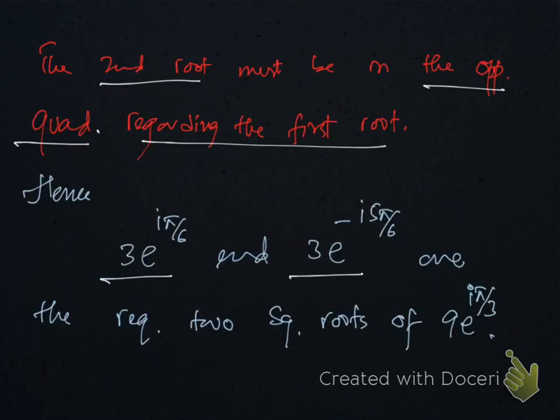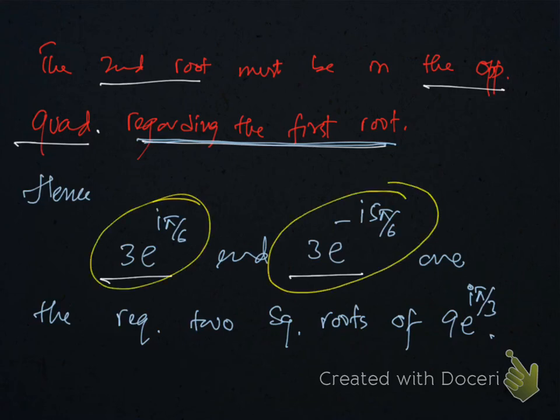The second root must be in the opposite quadrant regarding the first root, because the first root was in the first quadrant. The opposite quadrant of the first quadrant is the third quadrant. Hence 3e^(i pi by 6) and 3e^(minus i pi by 6) are the required 2 square roots of this complex number.